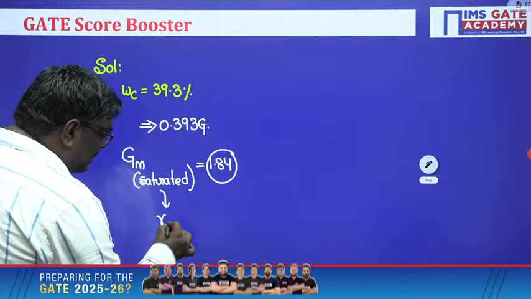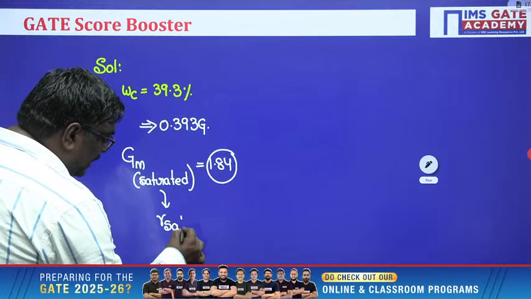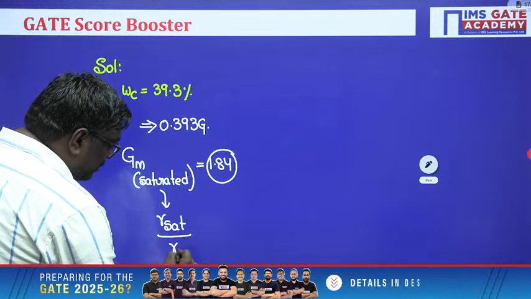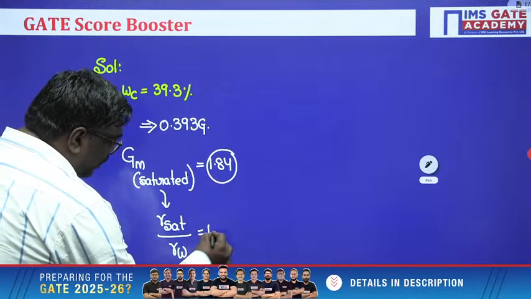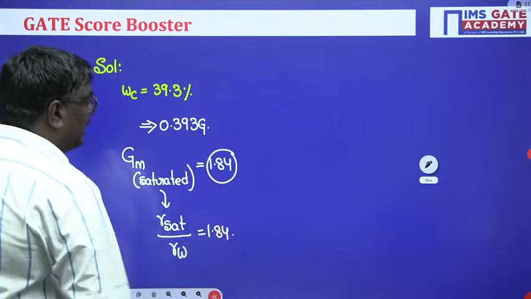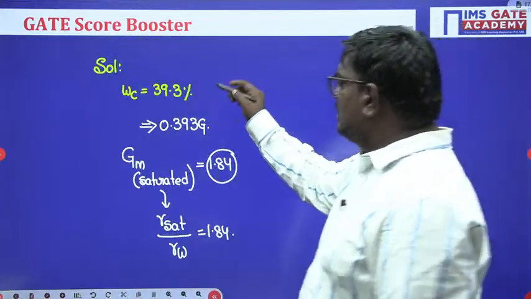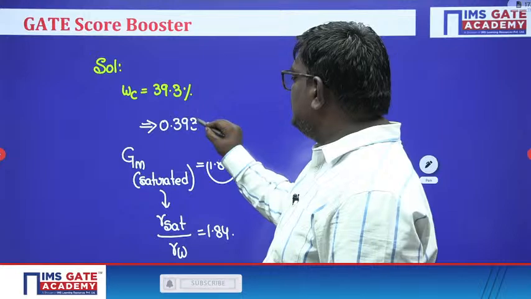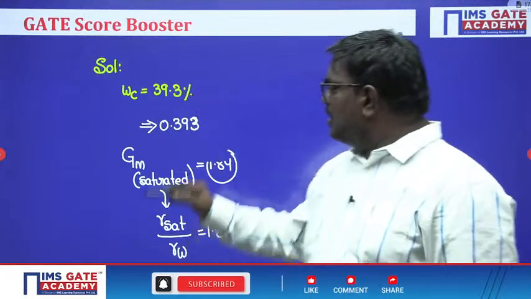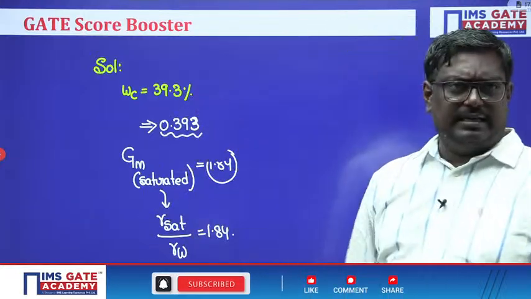It is given as gamma sat upon gamma w is equal to 1.84. Until now, see, students, water content is how much, sir? Here, water content is 39.3 percent. You can write it as 0.393, right?